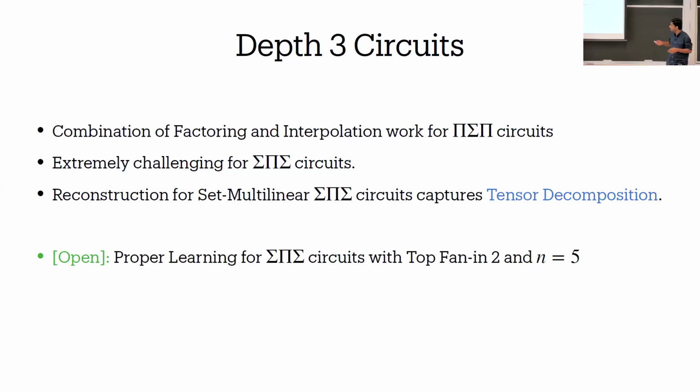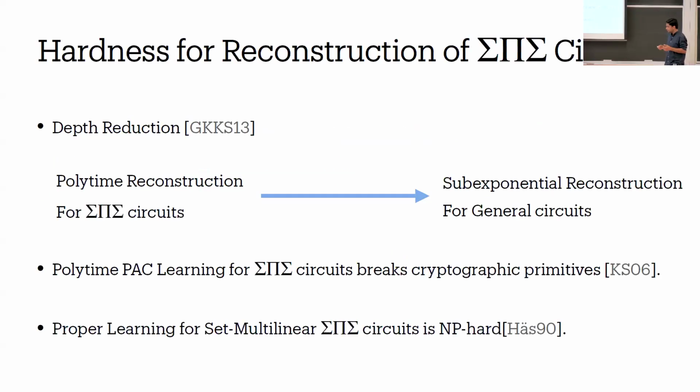I will define what top fan in is, but just think of very small depth 3 circuits over just 5 variables, and we don't know how to do proper learning for this. To convince you more that the problem is hard, yes? By proper, we mean you want exactly top fan in 2. Yes, I want exactly top fan in 2.